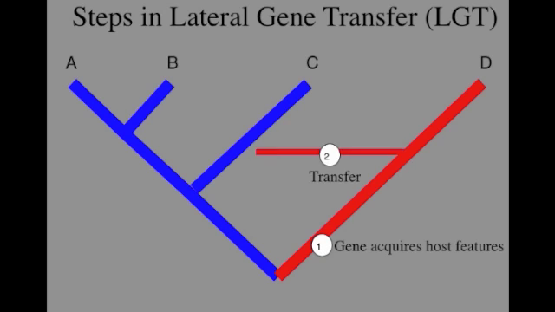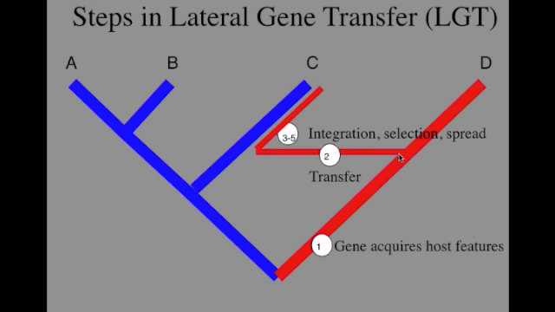That's important because after a transfer occurs, and if that transfer stays around, if it gets integrated into the genome of a new recipient and then transmitted to the offspring, it should, at least for some period of time, look in many ways more like the donor in terms of these flavors than like the recipient. It should also look phylogenetically incongruent with the phylogeny of the rest of the genes in the genome.